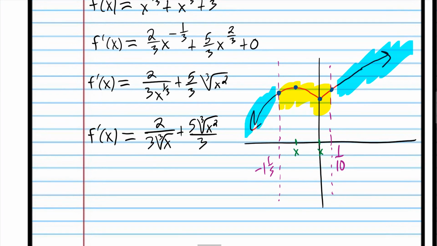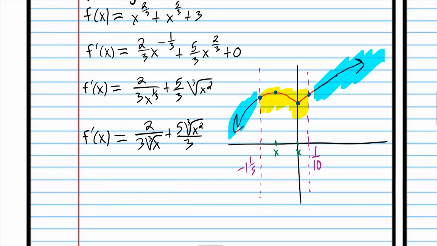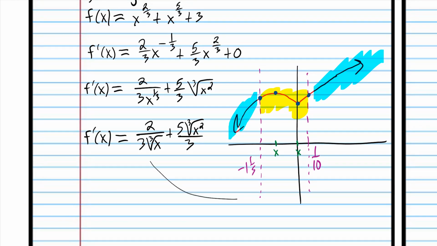Okay, so we have the derivative now, but the reason we found the derivative is we want to find these special green x values where the derivative is 0 or where the derivative is undefined. And it turns out that we have a sharp turn here, so the derivative is going to be undefined at x equals 0.